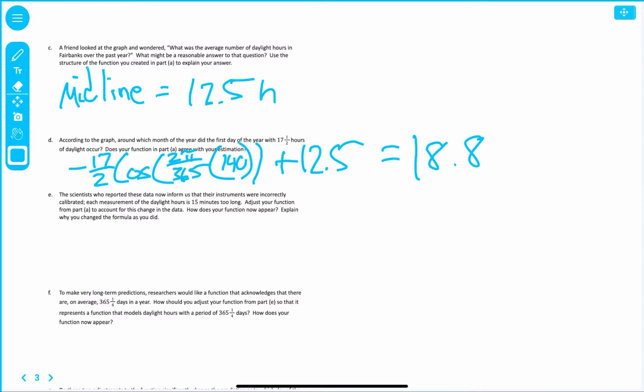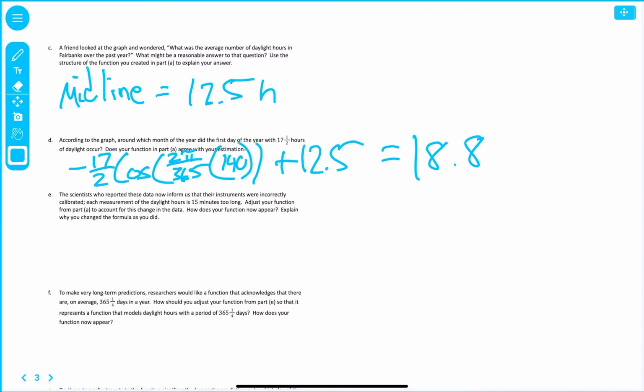So what is the 18.8? What is that telling us? That's the hours of daylight for the 140th day.